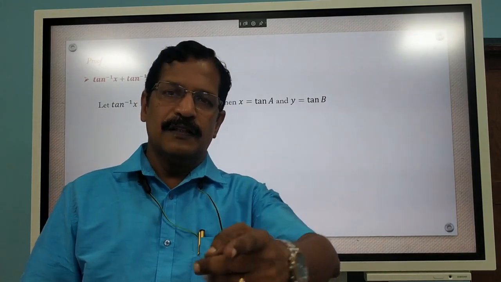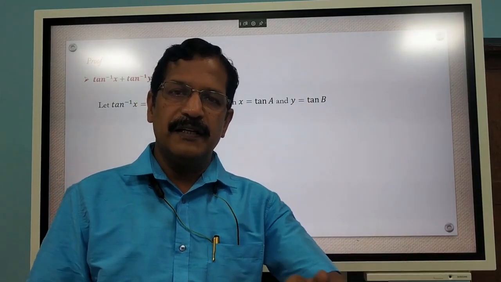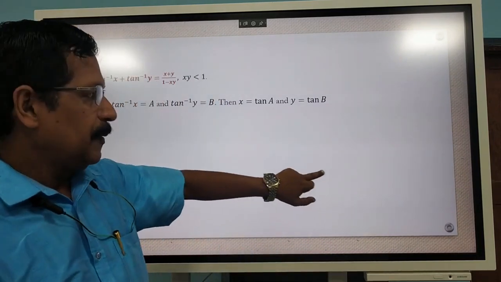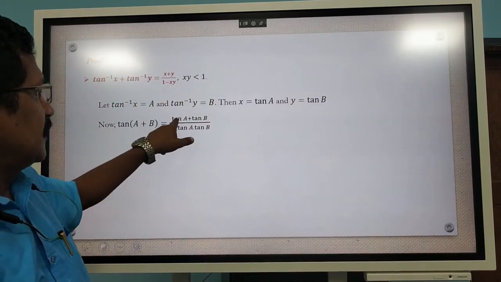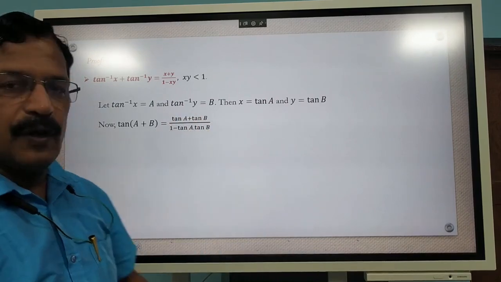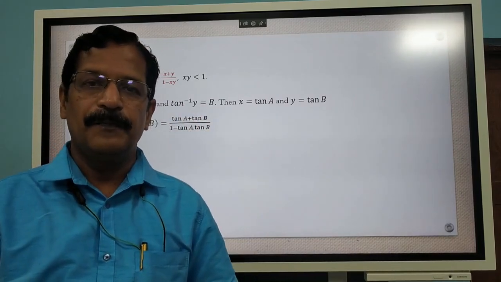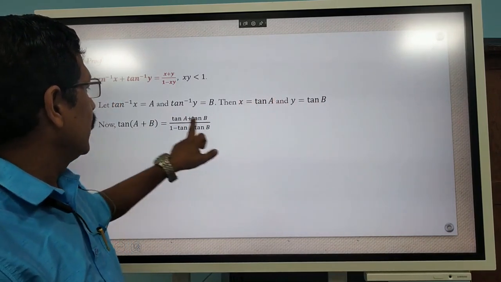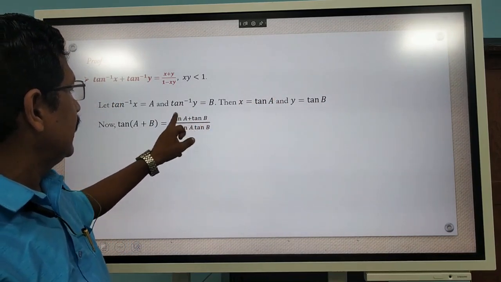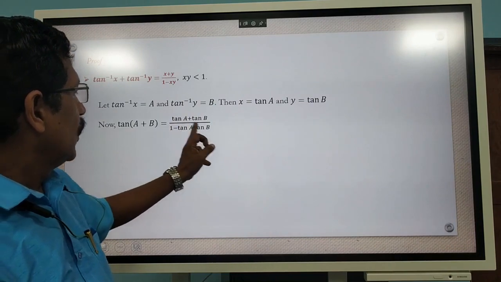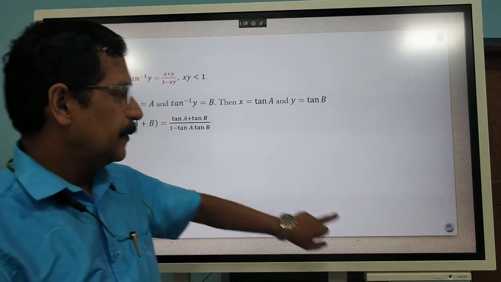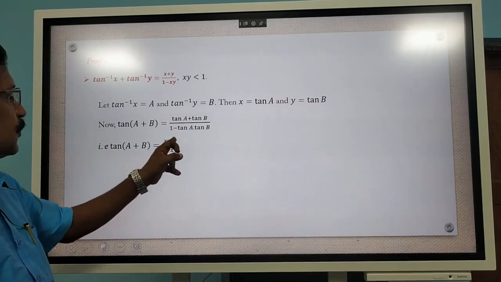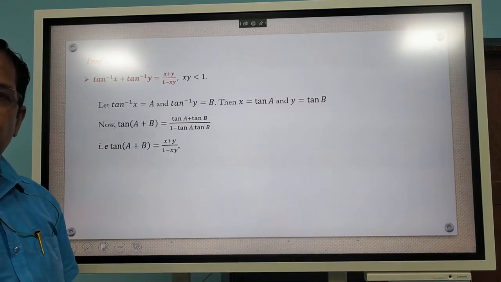Now let us use the trigonometric result we have studied in class 11. Tan of a plus b is tan a plus tan b divided by 1 minus tan a tan b. But tan a is x and tan b is y. So instead of this we can write x plus y divided by 1 minus xy. That is, tan of a plus b is equal to x plus y divided by 1 minus xy.